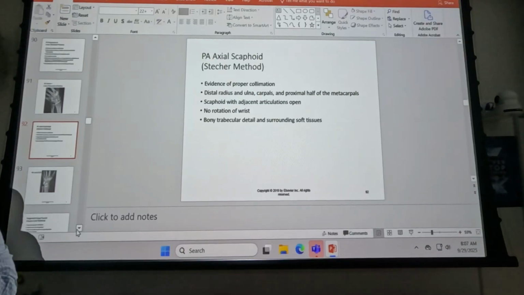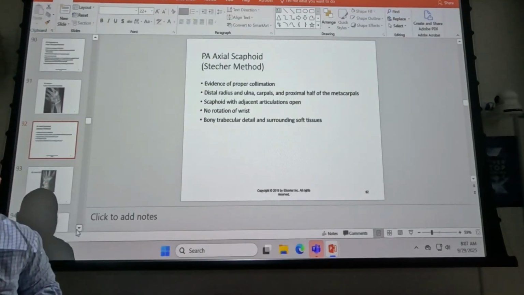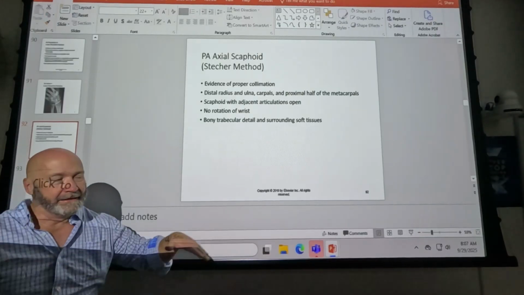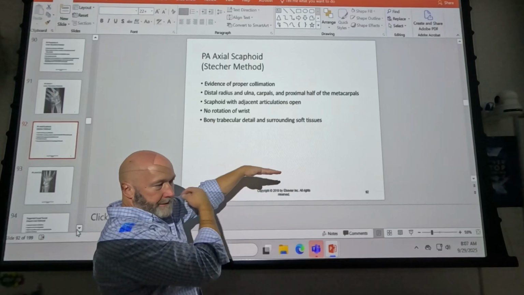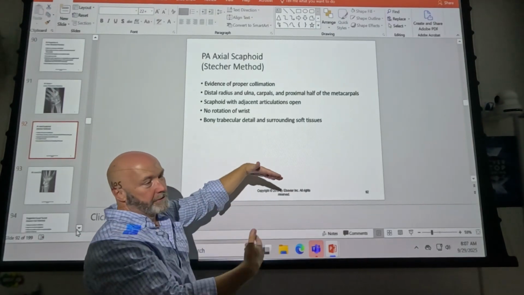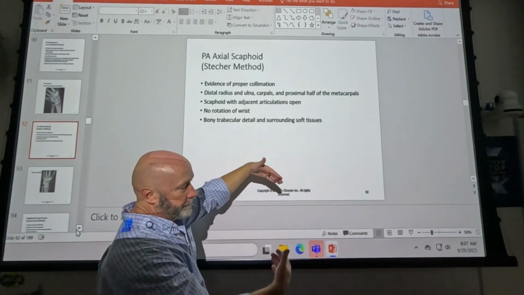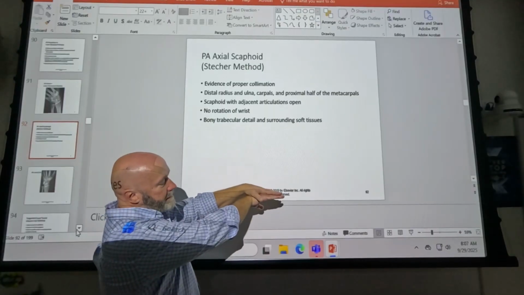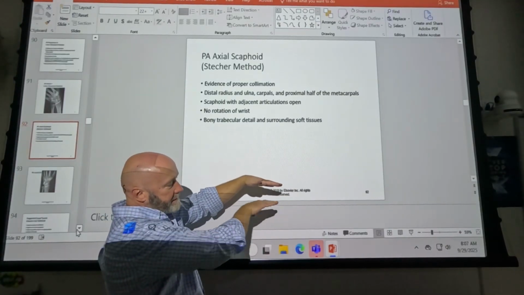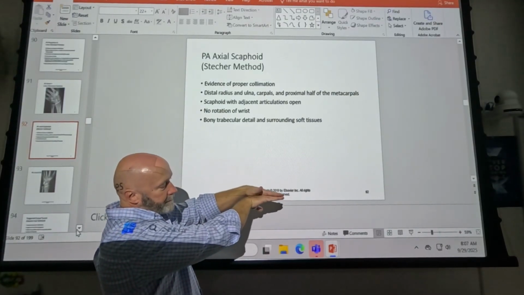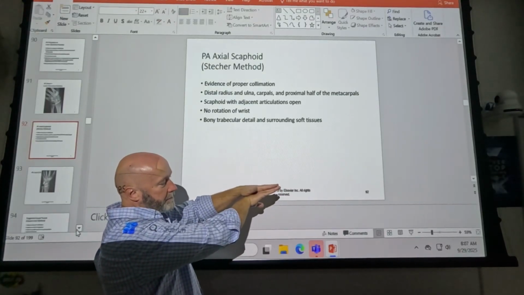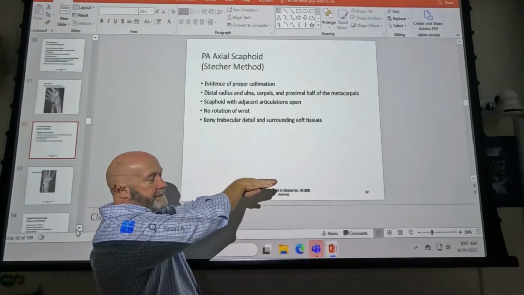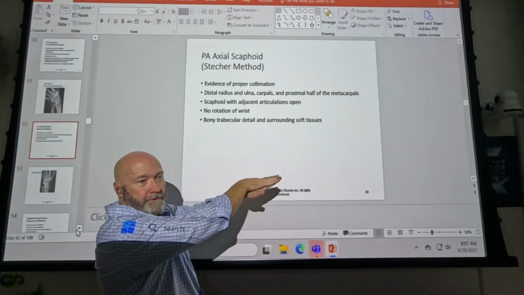One is that if you happen to have a 20-degree sponge, you can put your image receptor on that sponge so that it is at an angle and your central ray is going to be perpendicular. Well, it's going to be vertical. It'll be perpendicular to the floor, but not the image receptor. So what I mean by that is if this is the sponge and this is the image receptor and that sponge is angled 20 degrees, the image receptor is also going to be angled 20 degrees, and then your anatomy is going to be angled 20 degrees.